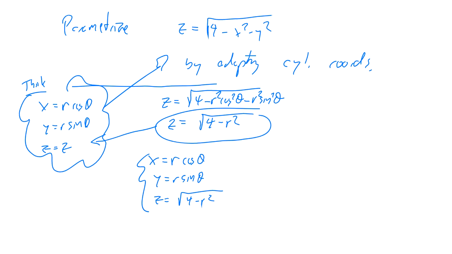Well, I ended up getting r equals 2, but I think I did it wrong. Okay. I'm not going to insult you by saying that this is what you did, but what someone might do is say that the square root of 4 minus r squared is the same as 2 minus r. Yes, that's exactly what I did. Which of course it isn't, right?